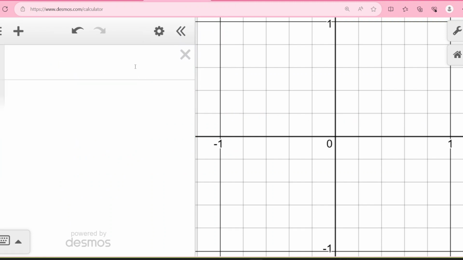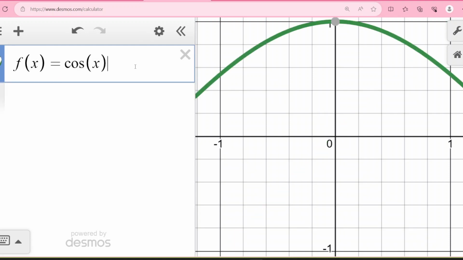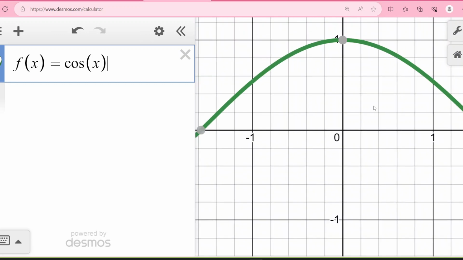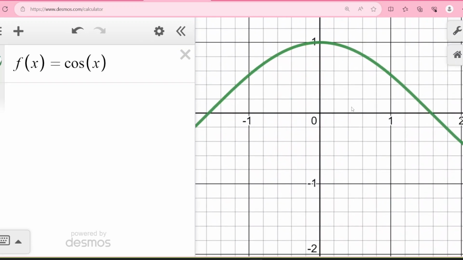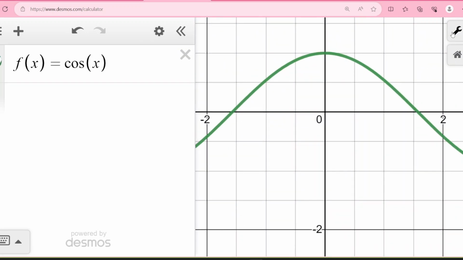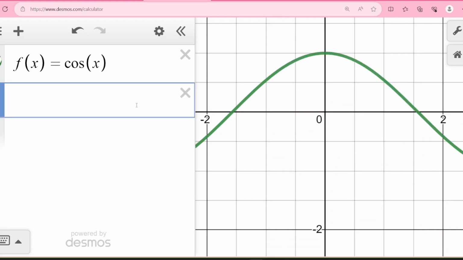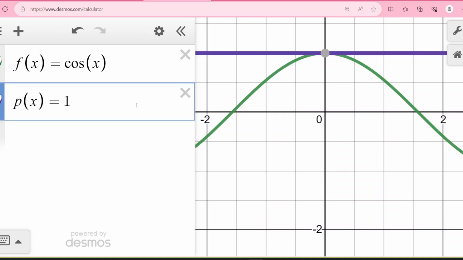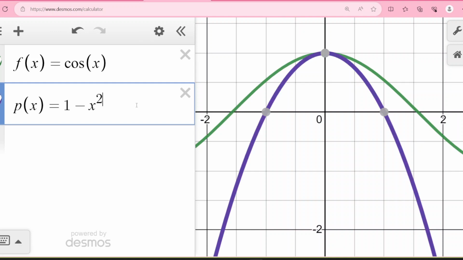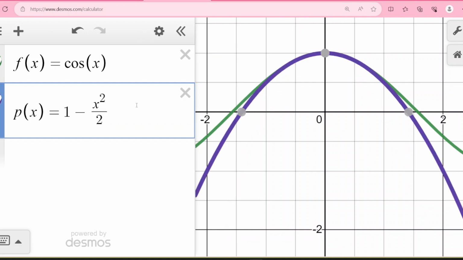Desmos. So here was our function. The function we were given was cosine x. And so there's a nice wave. Make sure I'm in radian mode here. Great. And then the polynomial, which I'll call p of x, was 1 minus half of x squared, so x squared over 2.